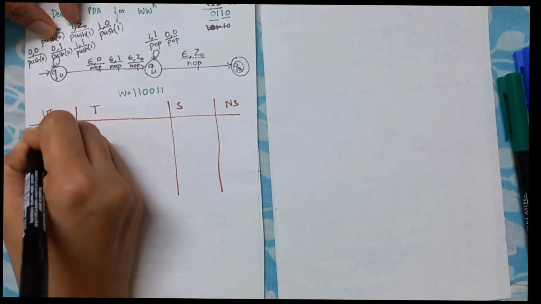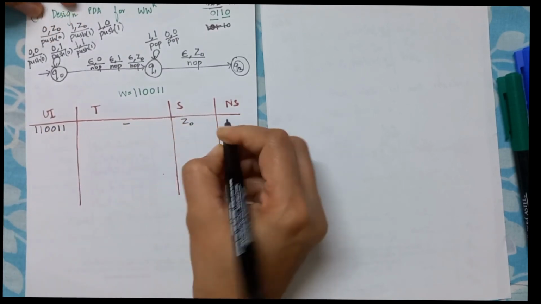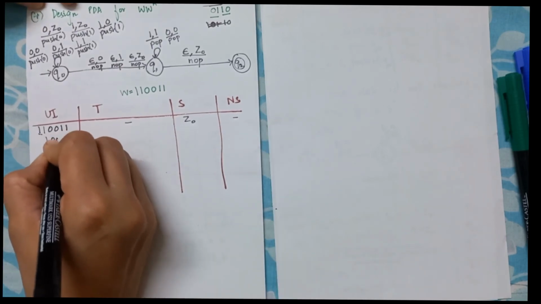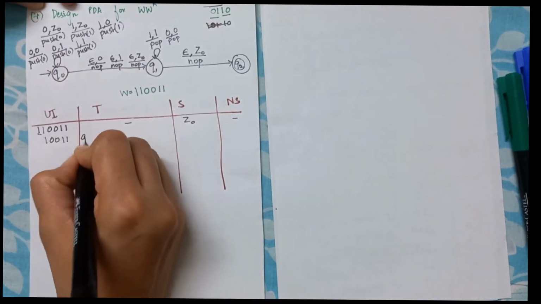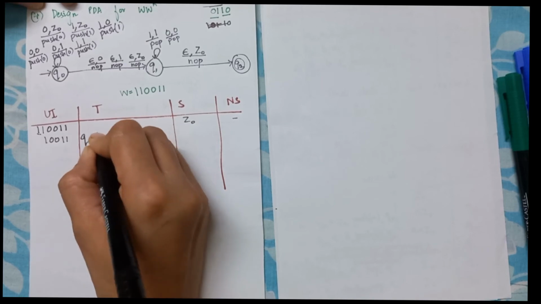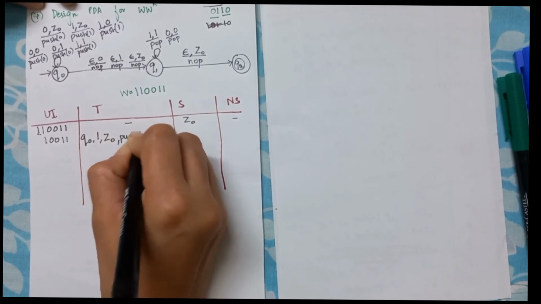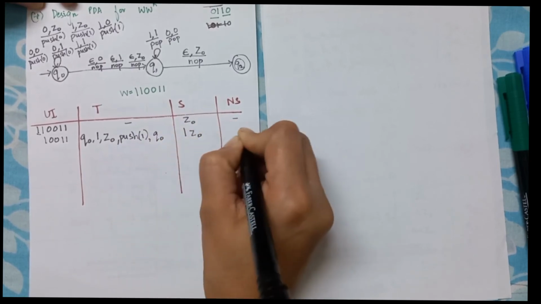So I have 110011. Z0 is the stack top. So initially I'm reading a 1. Z0 is the stack top. So it is this transition. Q0 with 1, Z0, I push a 1 again remaining on Q0 itself. So I will get 1 Z0.